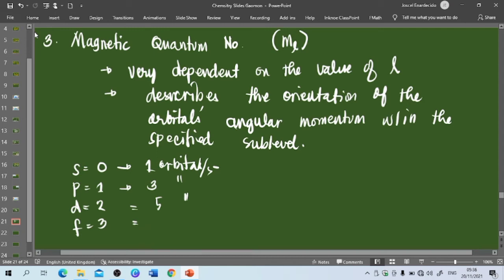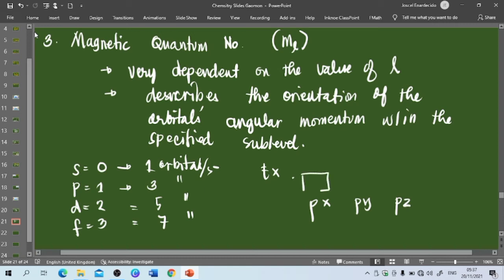And the F has 7 orbitals. So each of these sublevels has a specific number of orbitals, and the electrons found in each orbital have what we call orientation in space. Whether they are found in the first orbital or the second orbital or the third orbital. For example, the p orbital has px, py, and pz orbitals.